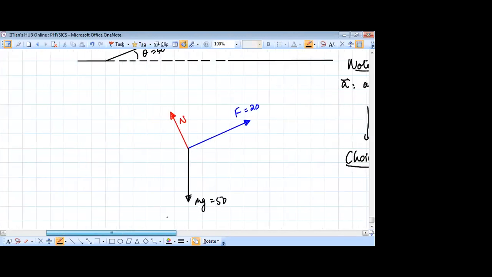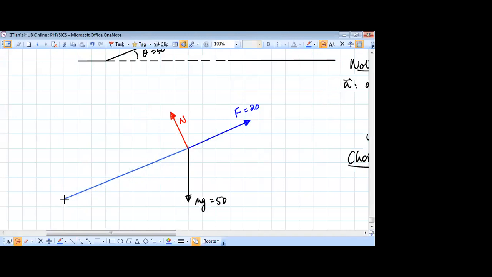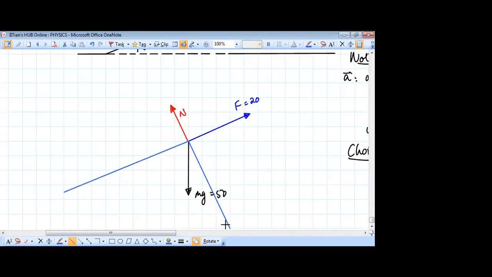Okay. So once again, we should take our x and y-axis as the same system. So follow the same principle for taking the choice of axis.